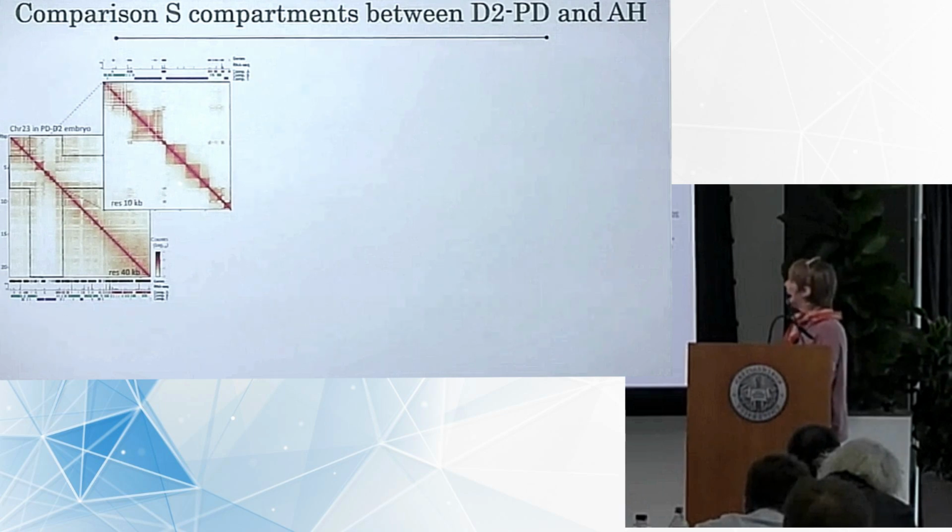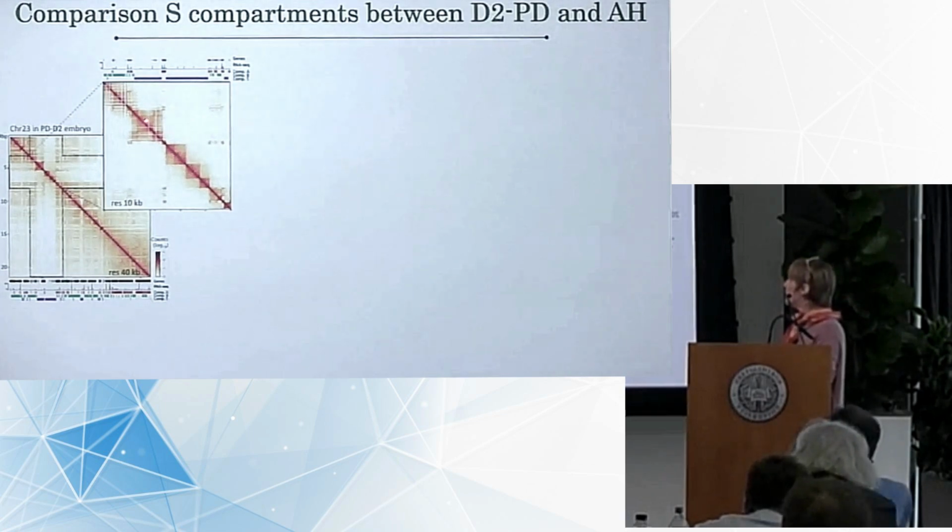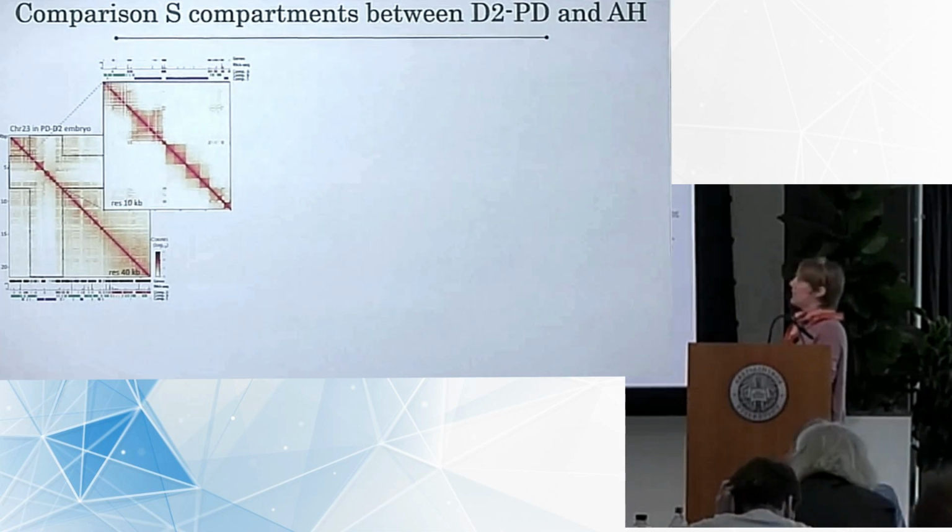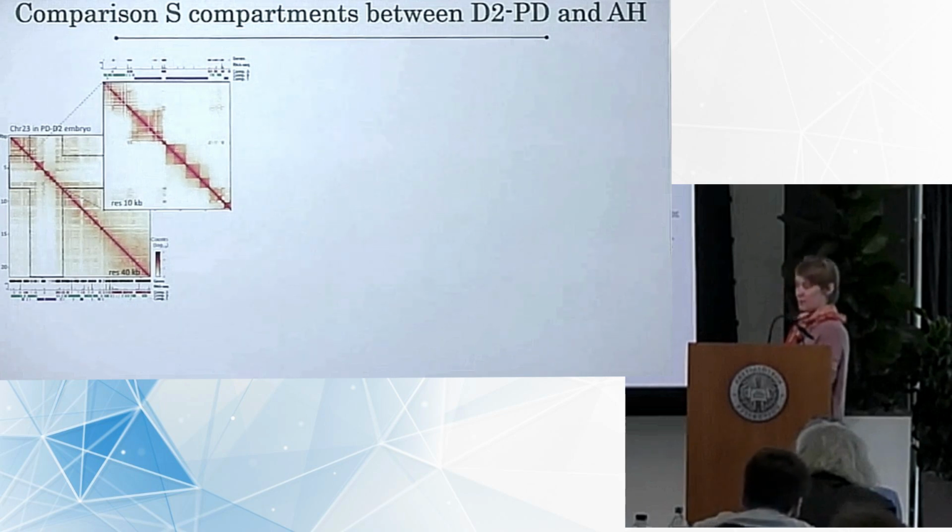You can see again, as Emily showed you yesterday, that inside this S compartment you can find many structures like insulation points, dots, etc. And some of the genes that are inside, even though there's indeed low gene coverage compared to other compartments, can actually be expressed by RNA-seq data. Some of the genes might also correspond to some of the borders that we observed.